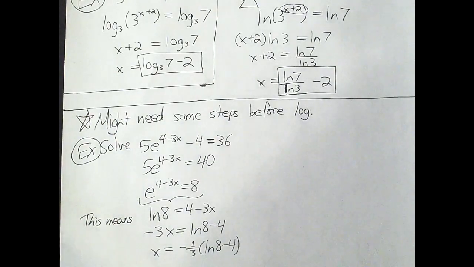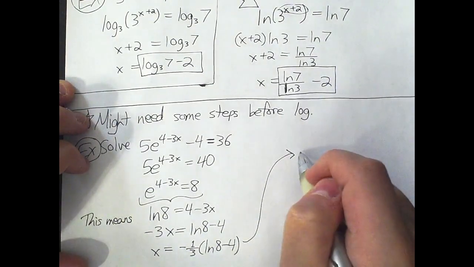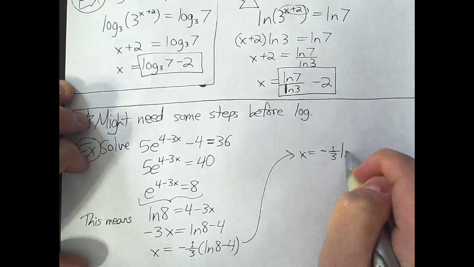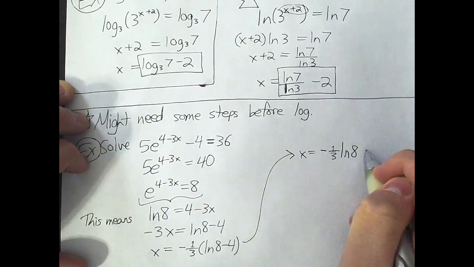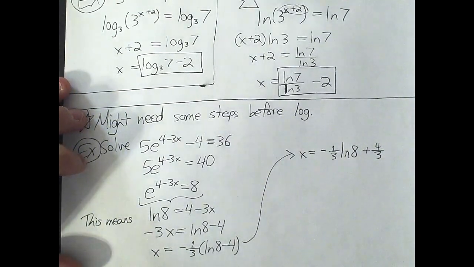Can we simplify that anymore? I think we might be able to. Let's see what we can do. x equals negative 1/3 ln 8 plus 4/3. Okay, I distributed across the minus signs.